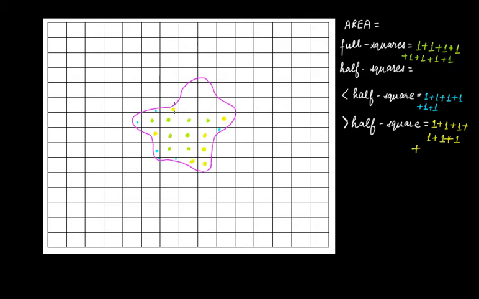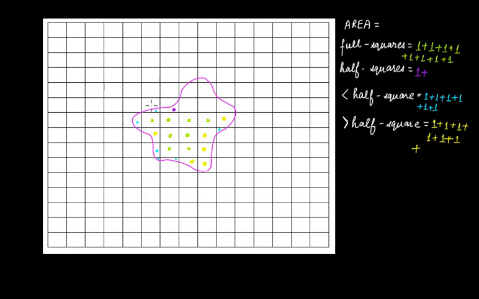So let's give it the benefit of the doubt and put this one into half. So 1 half, because it's quite close between more than half and half. Let's better put it into half square.